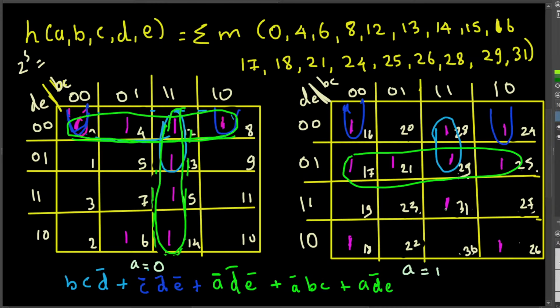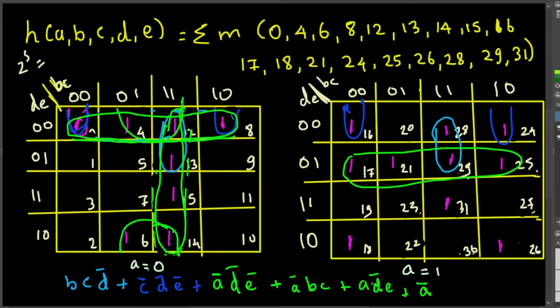And then can I combine anything else as 4? You can see we have 1 left right here, but you have to think like folding this one. If I fold this, I can connect these two with these two and make it a 4. Okay, so if I do that, what's going to be the expression? This is happening only in this KMap, so A is going to be there.